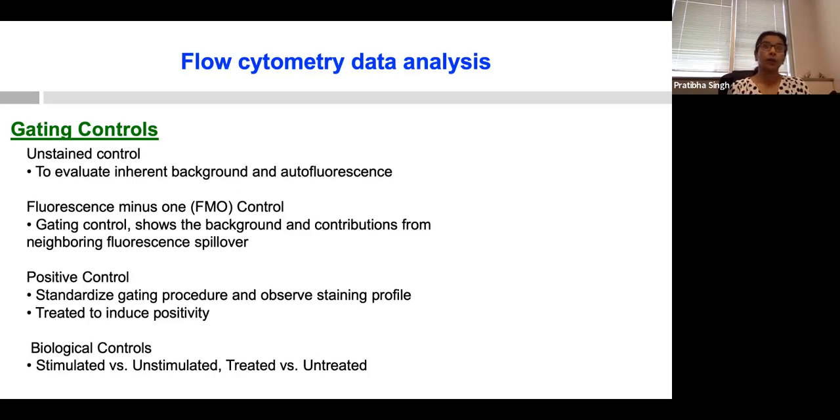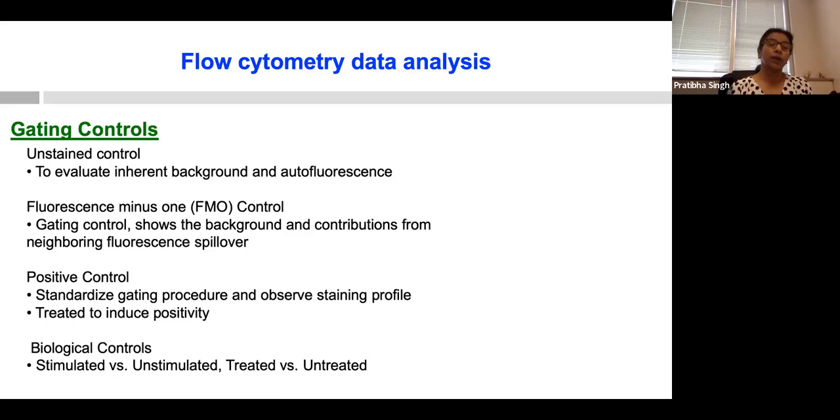And if you can arrange it, you should also have a positive control. If you have a positive control, where I already know that sample should behave this way, it will give you information about whether your experimental samples are giving the right result or there are some issues.